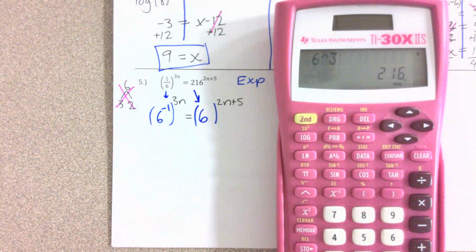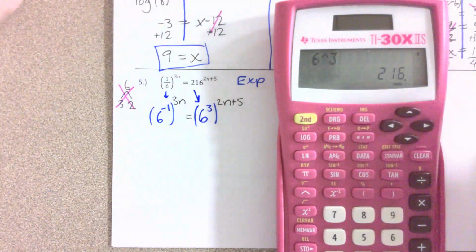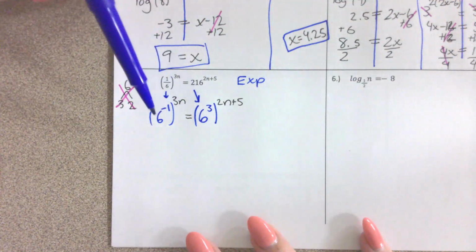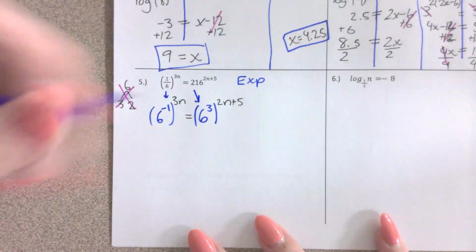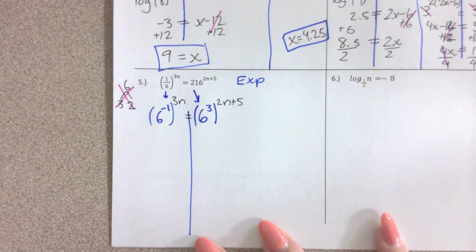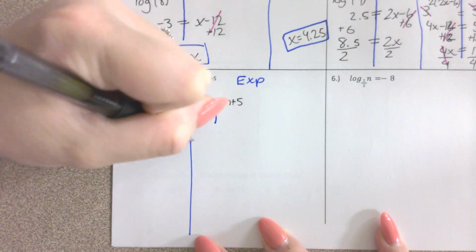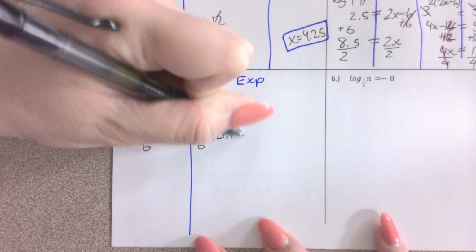That's exactly what we're looking for. So this base has an exponent of 3. And then again, before I drop these, I do need to multiply my exponents first. 6 to the negative 3n equals 6 to the 3 times 2n plus 5.